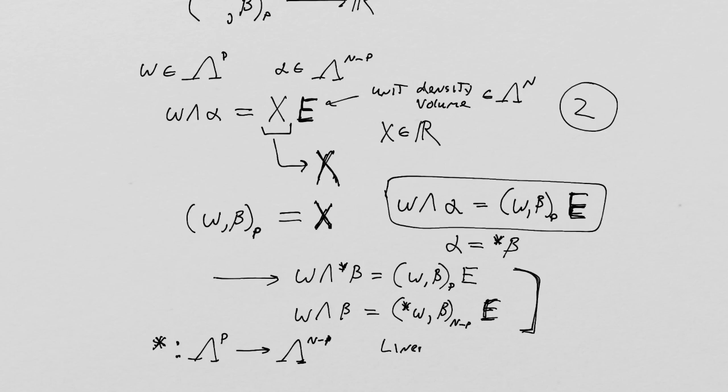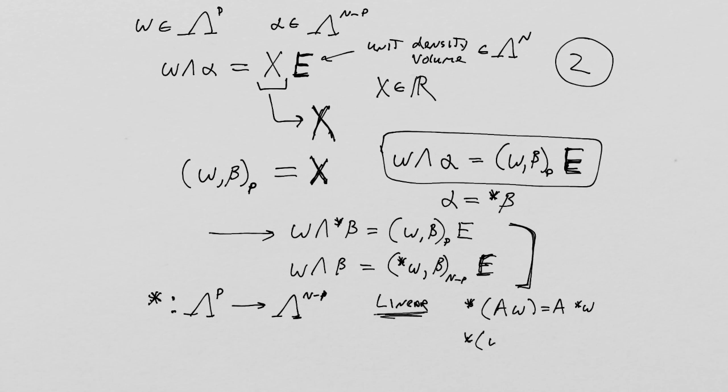First of all, it's linear. That's an important point, which means the Hodge dual of a real number a times omega equals a times the Hodge dual of omega. And the Hodge dual of omega plus beta, where omega plus beta means that omega is a p form and beta is a p form, because this addition sign is a vector addition sign.